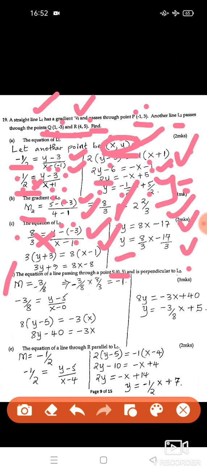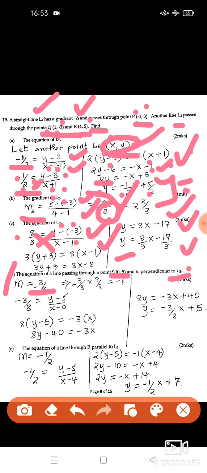Therefore, we pick the other gradient, which when multiplied by the gradient of L2, remember the gradient of L2 is here, 8 out of 3, gives us -1. It is its reciprocal with a reversed sign. So the reciprocal is 3 over 8, but now with a reversed sign, a negative.